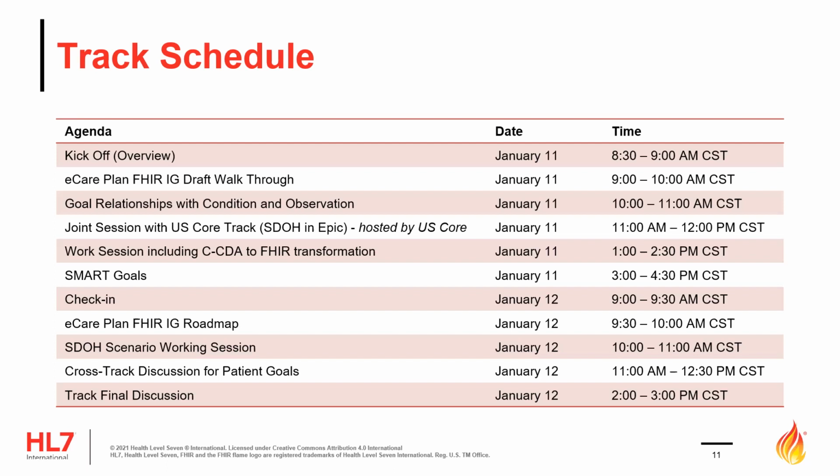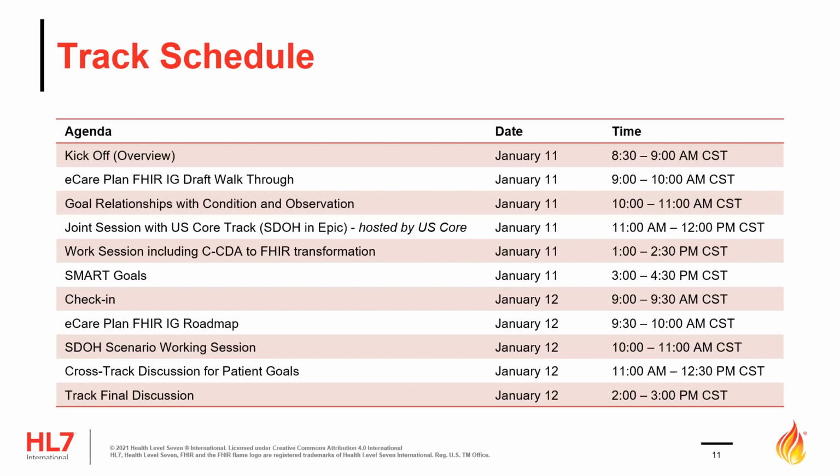And then goal relationships. As we described here today, really digging into not only review of the standards, but especially any systems we have to test and demonstrate sample data associated with these relationships around goals. Then coordinated specifically with the US Core track, we intend to join.